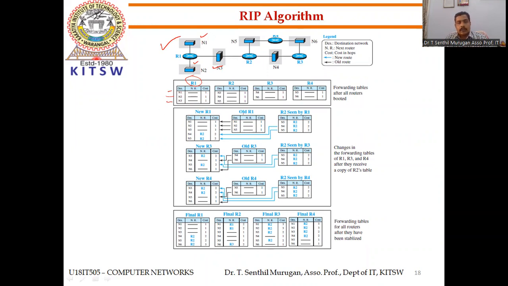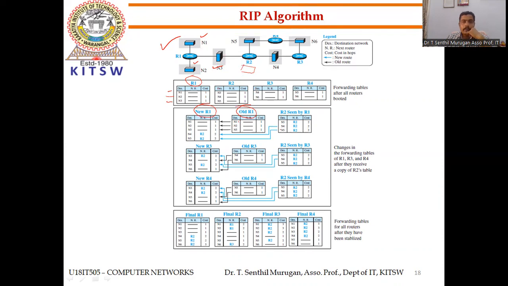So in case this is the old route, how will it find the new route? Here R2 is seen by R1. What happened? R2 is getting the routing table, the forwarding table. This table is there, no old table. It will forward to router 2. So router 2 identifies that it is connected to router 1. These networks N1, N2, N3 are connected with router 1.